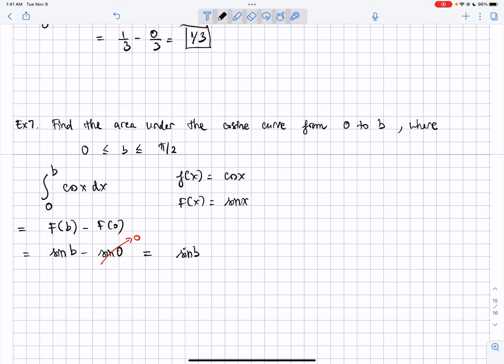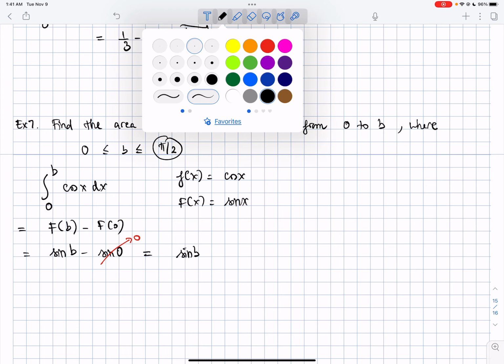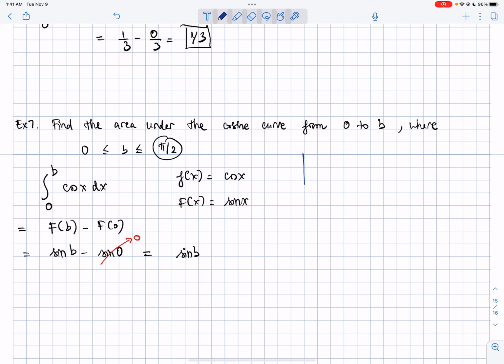Specifically, if we take b as pi over 2, let's look at the graph first. You recall the cosine function. The graph is like this. So this is 2 pi, this is pi over 2.